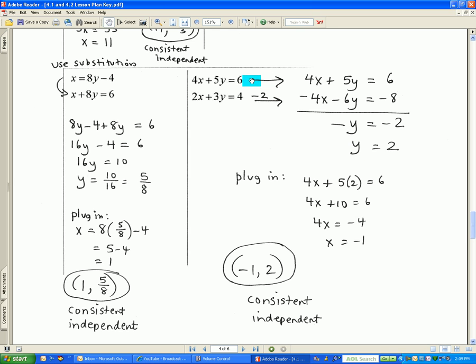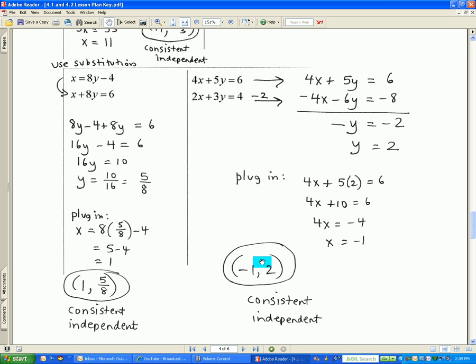When I go to either one of these equations, I just happen to pick the top one, and I plug in a 2 for y. This becomes 4x plus 10 equals 6. 4x is equal to -4. Divide by 4, x is -1. My solution set is the ordered pair -1, 2.